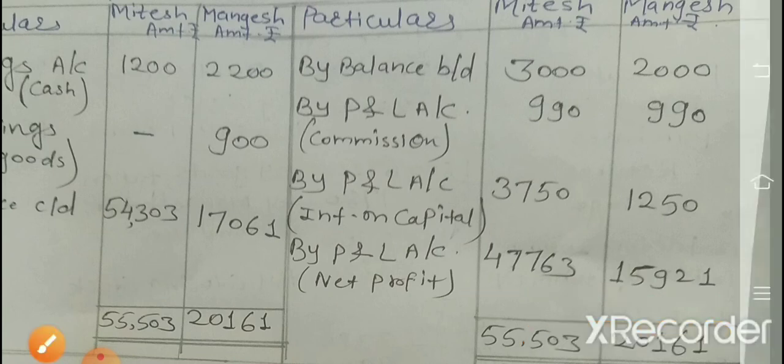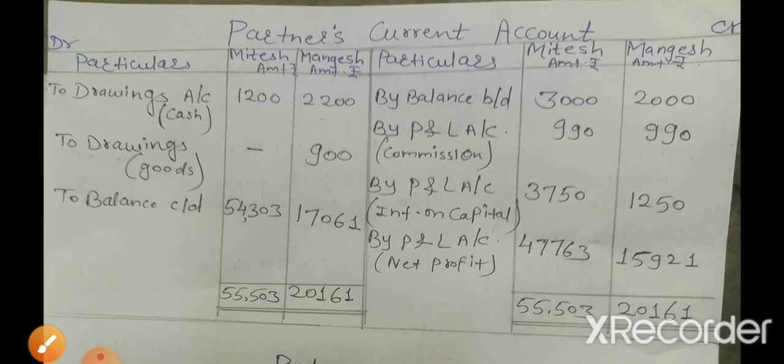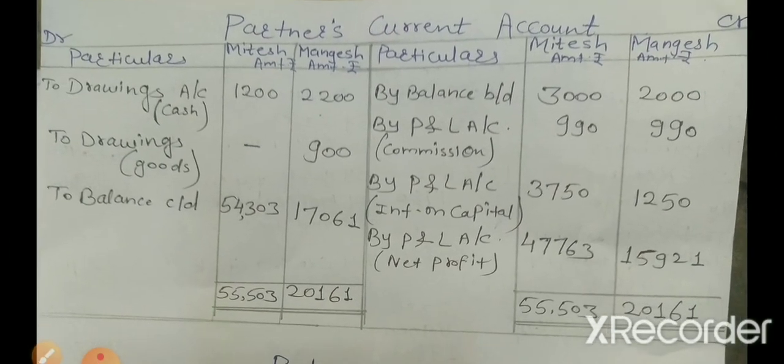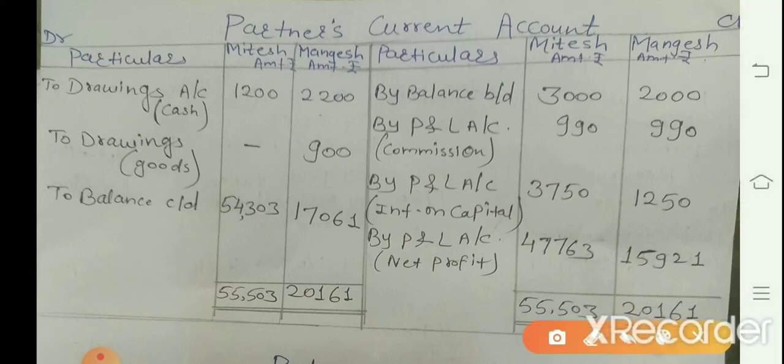Okay, now we can close the partner's current account. Compare both the sides. Obviously credit side is greater, so write the total on both the sides. Deduct the total of debit side from the total of credit side. Mitesh's debit side total will be deducted from Mitesh's credit side total. The difference we have written here, 54,303.